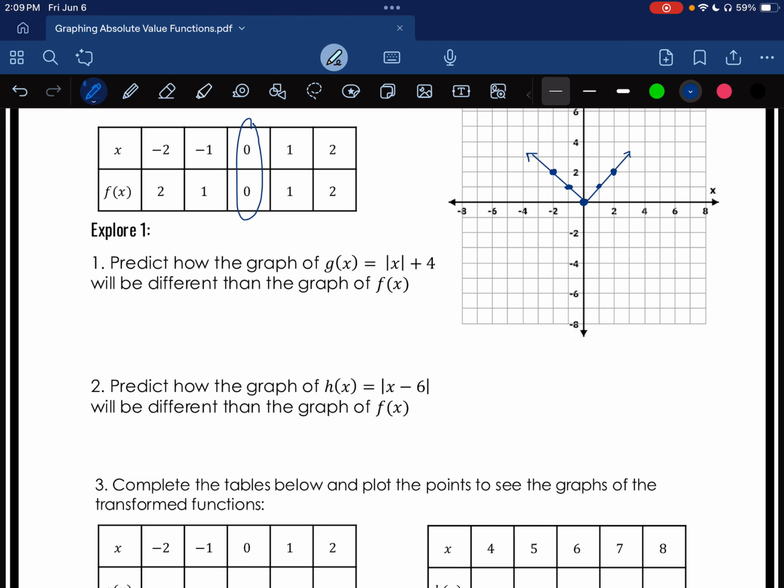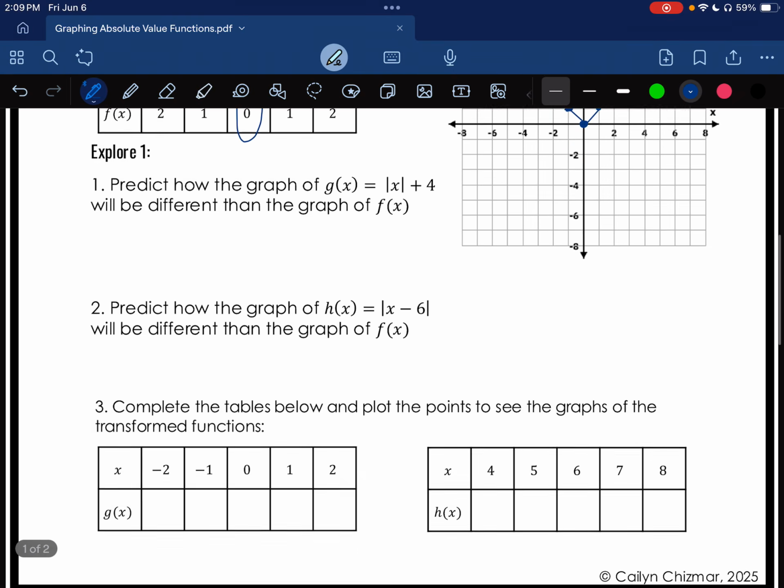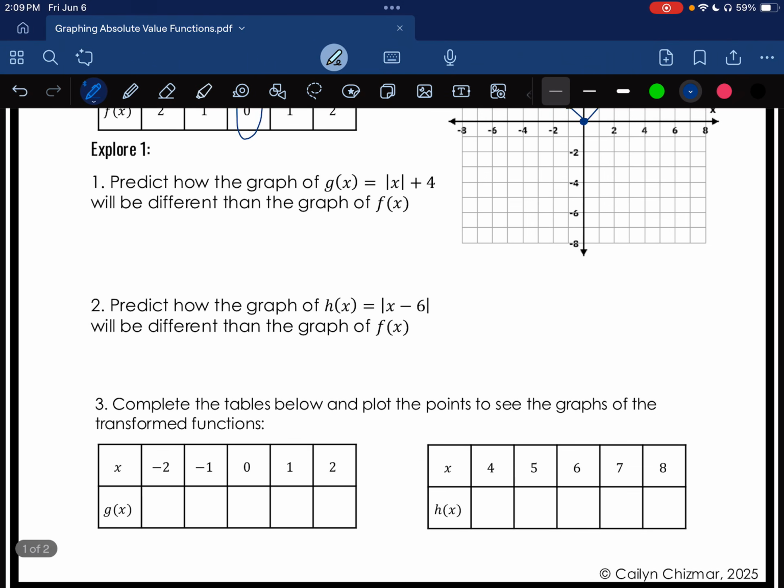Try to make some predictions about what you think is going to happen. Then you can complete these tables by plugging the x values I've chosen into g of x and h of x, evaluating, and plotting.